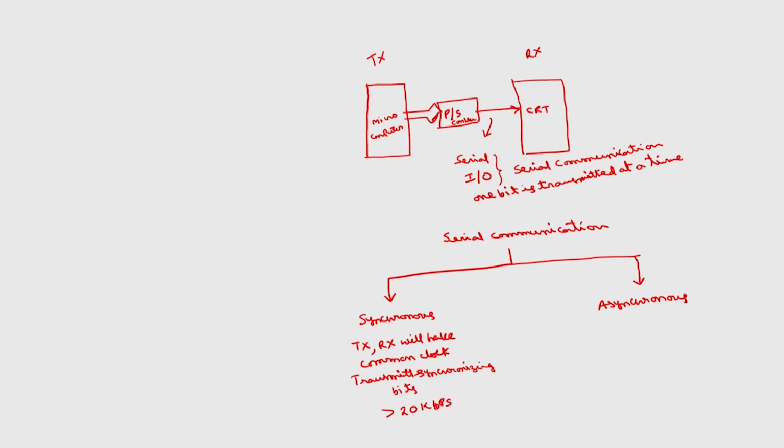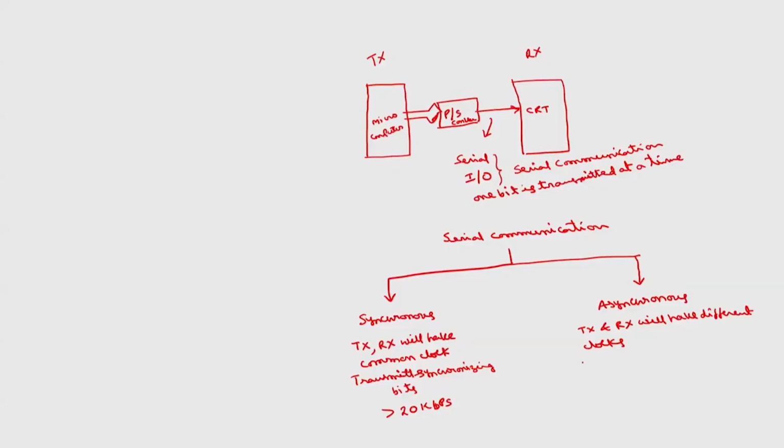I will explain this with examples also. Whereas in case of asynchronous, the clock is different for transmitter and receiver. Transmitter and receiver will have different clocks. As a result, because the speeds are different, we need to transmit start and stop bits. So, start and stop bits are required, to show where the data starts and where the data ends.